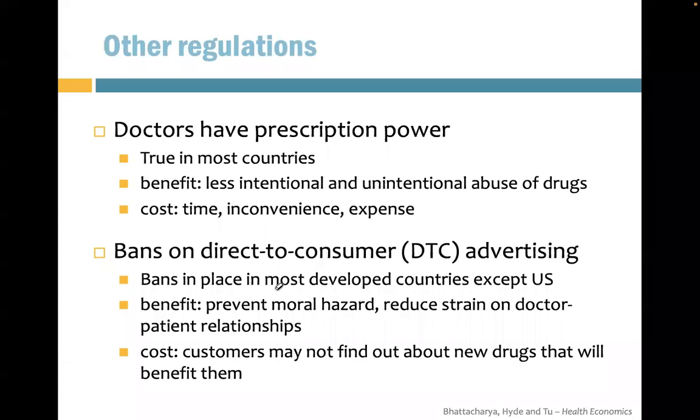There are bans on direct-to-consumer advertising, in most developed countries except the US. In the US, you can see a lot of advertisements about medicines, but in a lot of countries, they believe this is misguiding consumers, because consumers only know they want to feel better, but they might not know enough about a medicine merely from looking at advertisements. The benefit of that is to prevent moral hazard and reduce strain on doctor-patient relationships, while the cost is that consumers may not find out about new drugs that will benefit them.